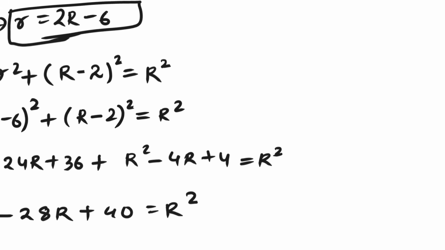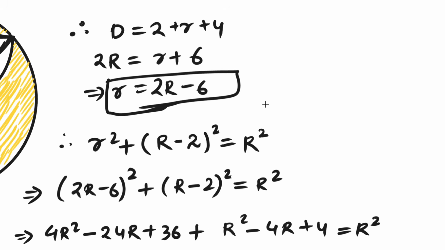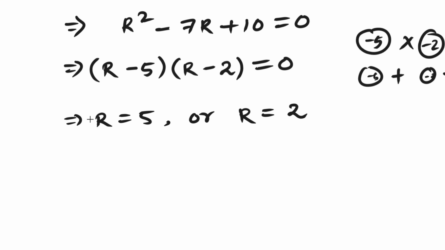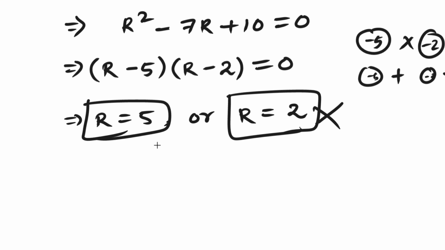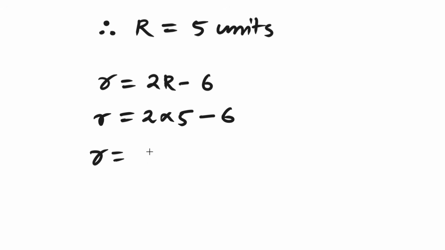But remember, r equals 2R minus 6. If R equals 2, then r would equal 4 minus 6, which is negative 2, and a radius cannot be negative. So R equals 2 is not physically possible. Therefore, the large radius is 5 units. Now substitute this into r equals 2R minus 6. We get r equals 2 multiplied by 5 minus 6, which gives 10 minus 6, so r equals 4 units.